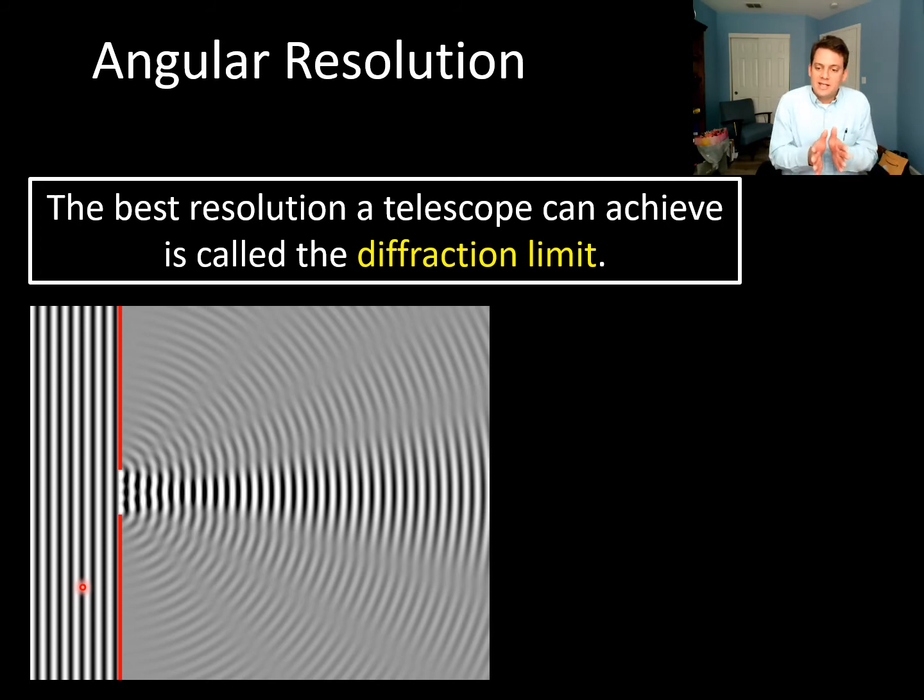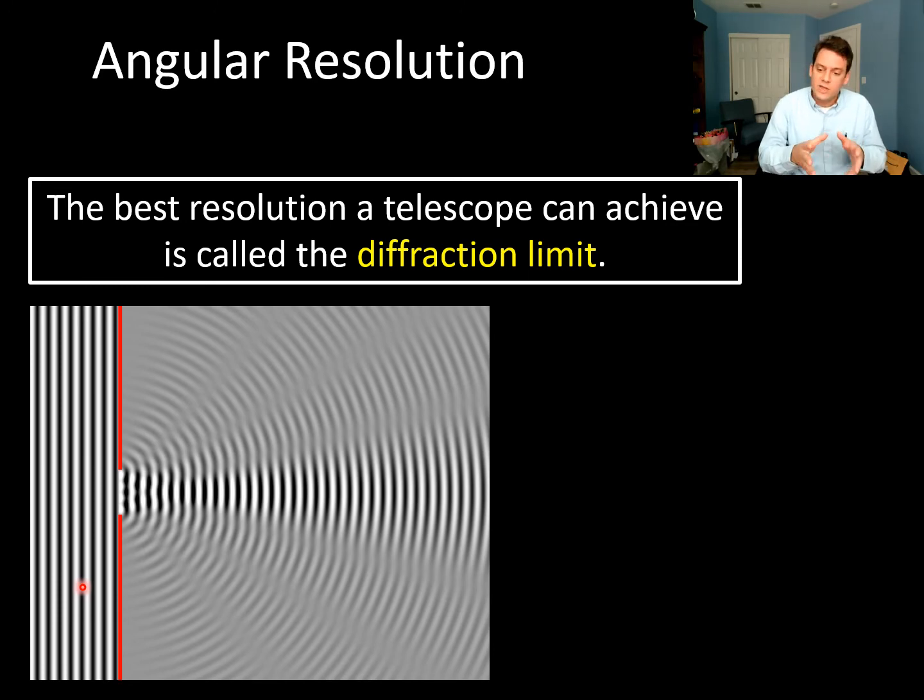And that means they end up bending as they pass either through a hole in this case, or if they pass around an obstacle. So if you had water moving through a river and you put a rock in the middle, the waves would diffract as they move around there. And so because of the diffraction effect, as the light passes into your telescope, as it moves into the aperture, it will be diffracted around the edges.